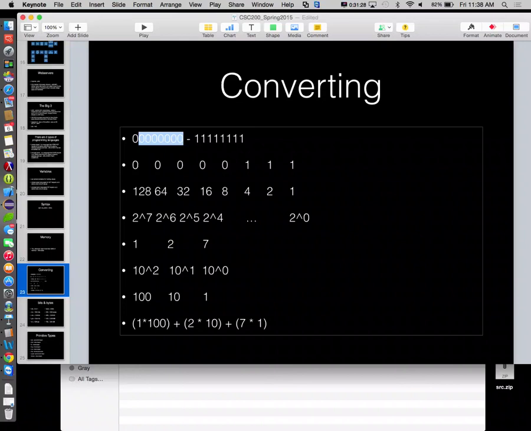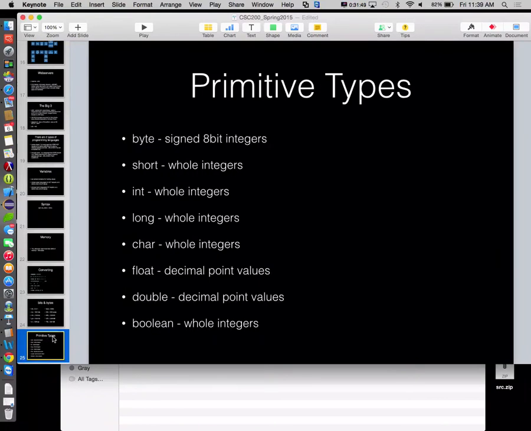Okay? So a full 8-bit number can hold the values, as I've advertised here, if we're not worrying about sign, everything's positive. A full 8-bit number can hold the values in the range of 0 to 255. Okay? But in this case, we need to hold the sign. So we only get 7 bits to hold value.